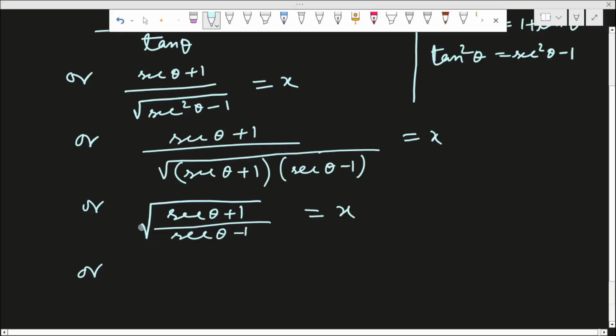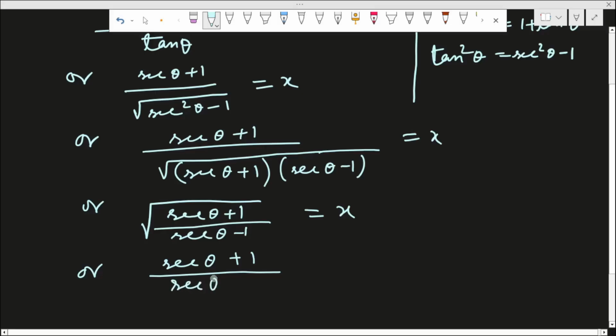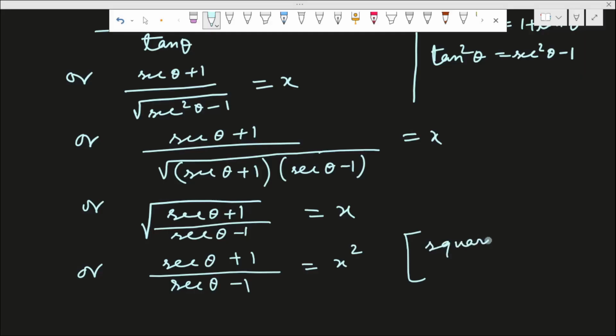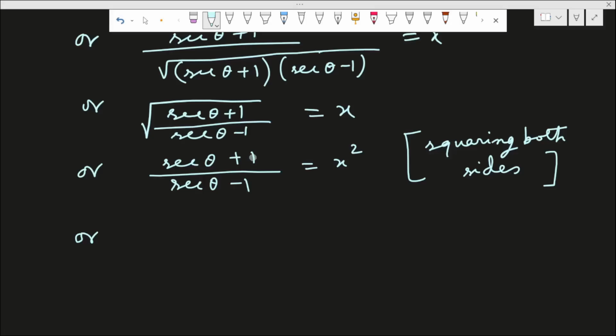Now, to remove the under root sign, squaring both sides. Here, we think sec theta is equal to a, 1 is equal to b.